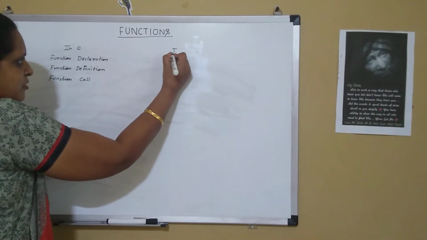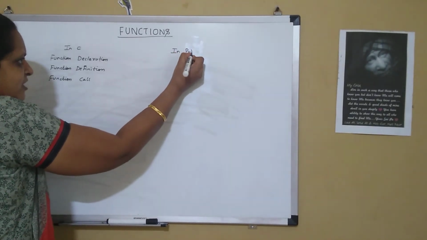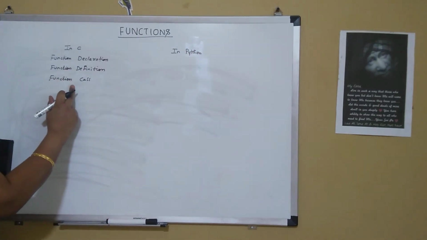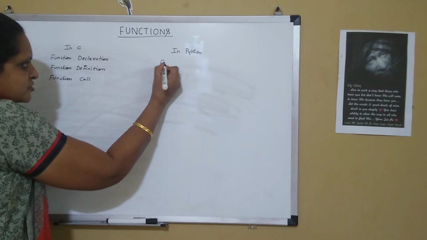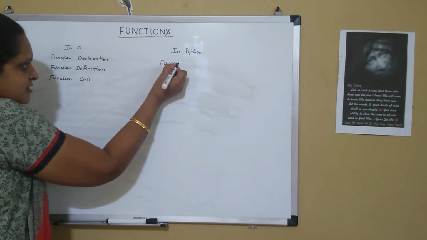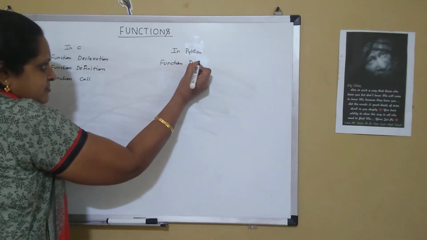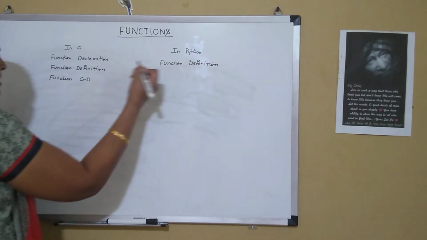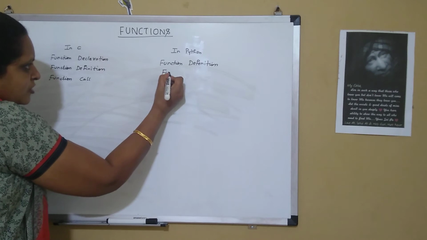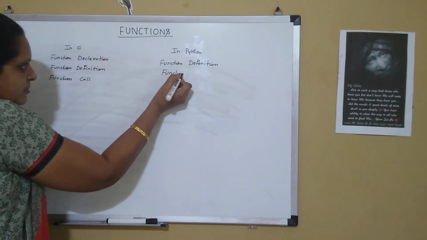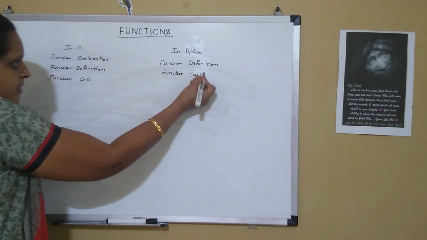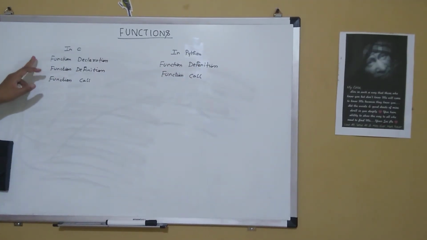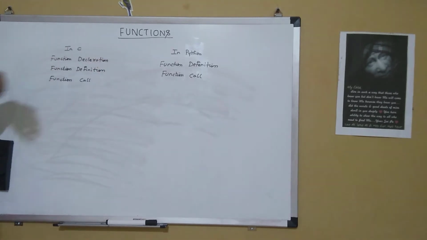But in Python, we do not have function declaration. We have only function definition and a function call. So we do not have function declaration in the Python programming language.